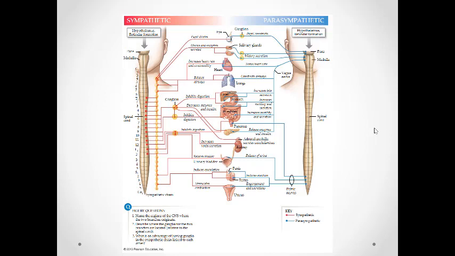I think the easiest usually for me is to think of the parasympathetic first. And as you can see on this diagram, I have the spinal cord and all the central nervous system and how everything divides up. But over here you can see, okay, so when you're resting and digesting, what are you doing? Your pupils are constricting, your heart rate is going to slow down because it doesn't need to work as hard. Your airways are going to be more constricted because you don't need a lot of air to just digest.